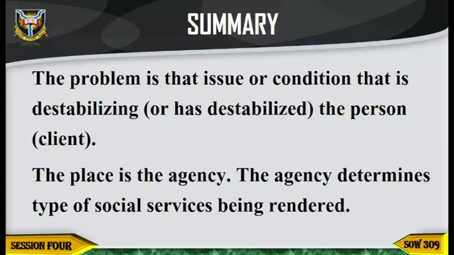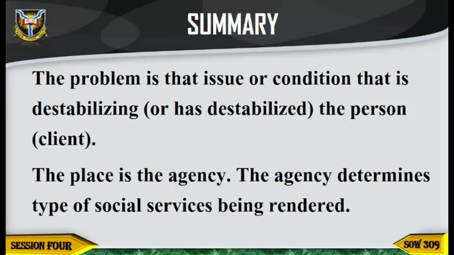The problem is that issue or condition that is destabilizing or has destabilized the person, the client. This problem may be social, psychological, or even medical. This problem leads the client to frustration and maladjustment, thereby impeding the client's social functioning.